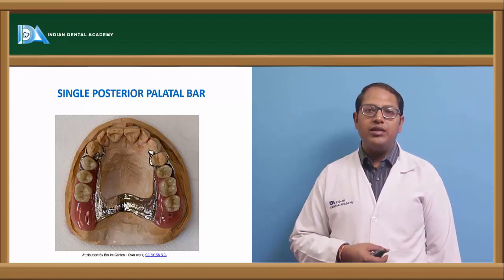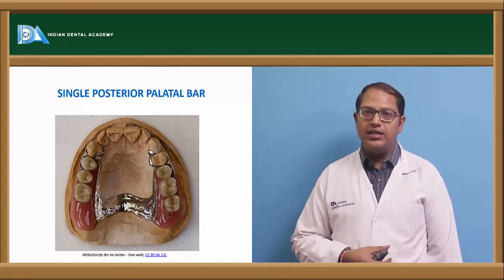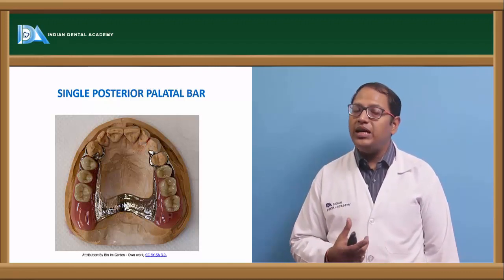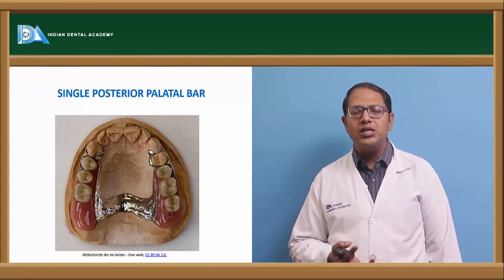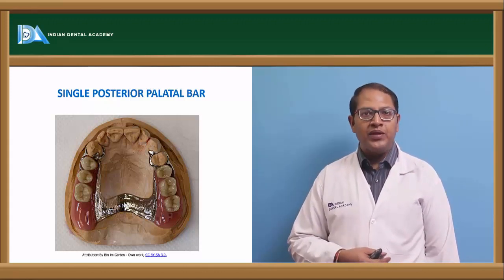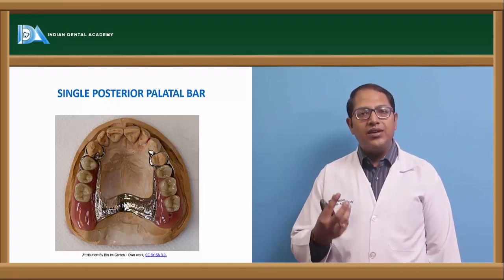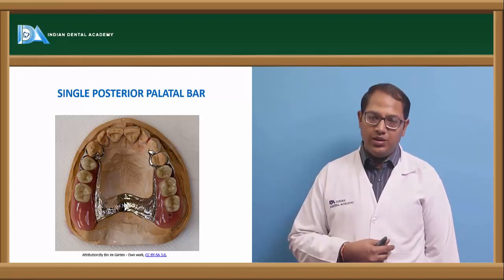The second important thing with this kind of major connector is the L-beam effect. What is the L-beam effect? The L-beam effect is one which engineers use to make our roofs as well. The corners of our roof are like an L, so that gives more support to that particular area.